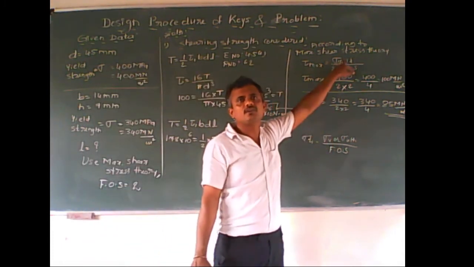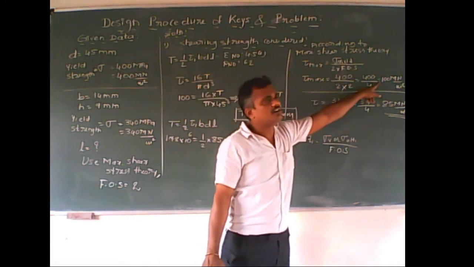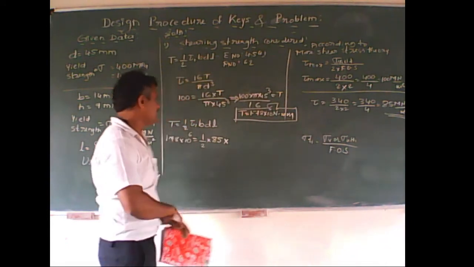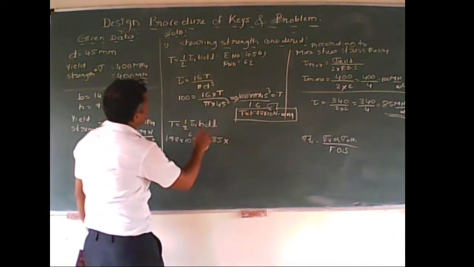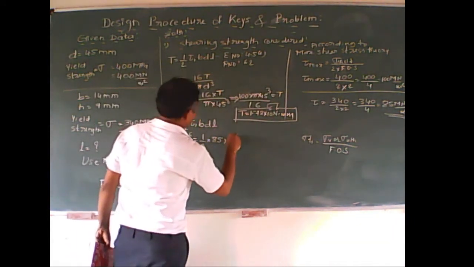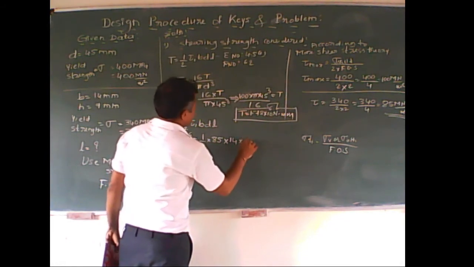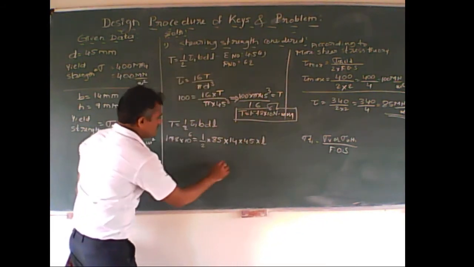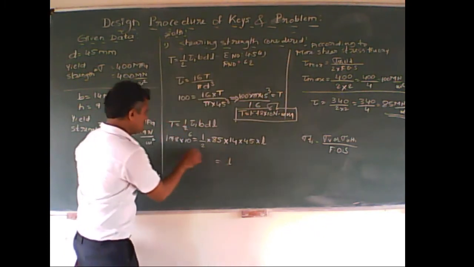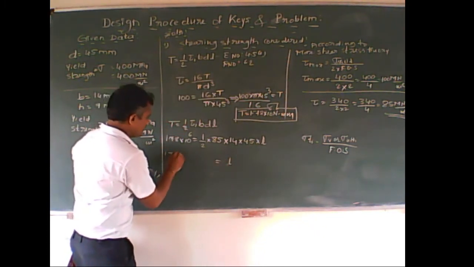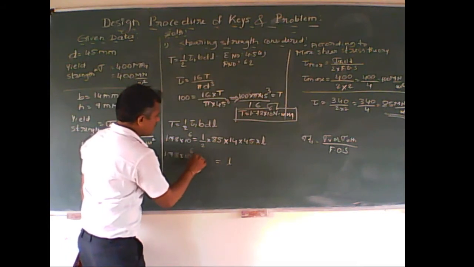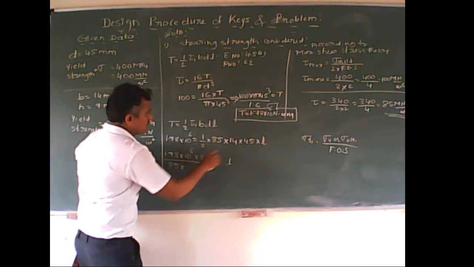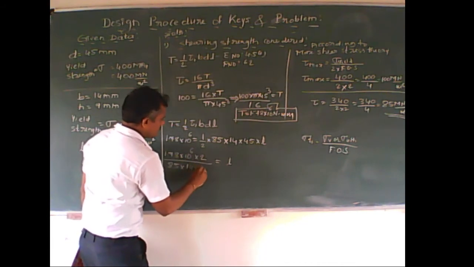Correct? And this tau 1 is used in the design of a key. This is the design of a shaft. This 100 is used in the design of a shaft. This 85 is used in the design of a key. And tell me the value of b taken. How much is it? 14. Diameter is 45. And tell me the length. What does the length become? L is equal to 1.78 into 10 raised to 6 multiplied by 2 whole divided by 85 multiplied by 14 into 45.